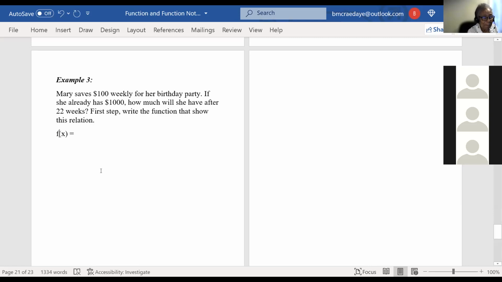Well, f of x equals 1,000? f of x cannot equal 1,000. So 1,000 is the y value.